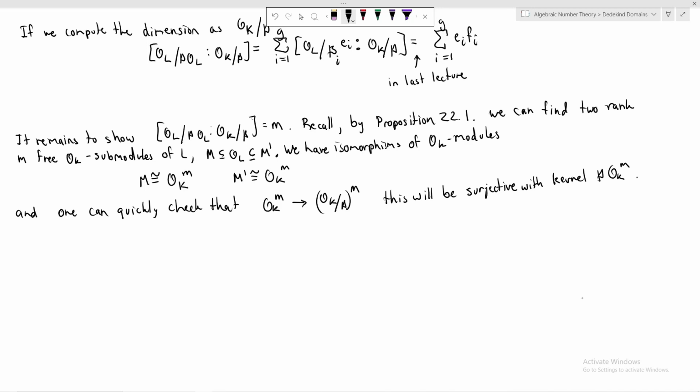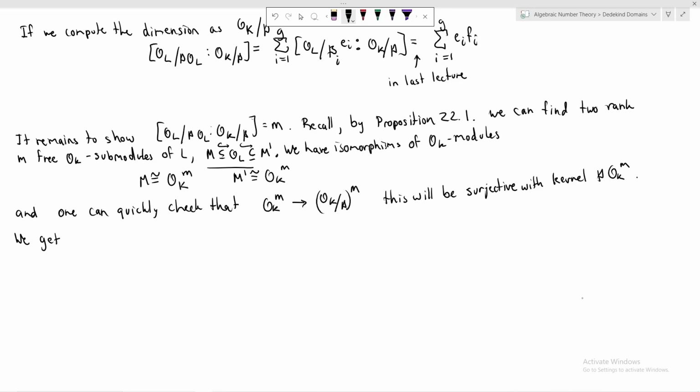And what we ultimately get is a sequence. This sequence of inclusions, you can think of these inclusions really as injective maps.